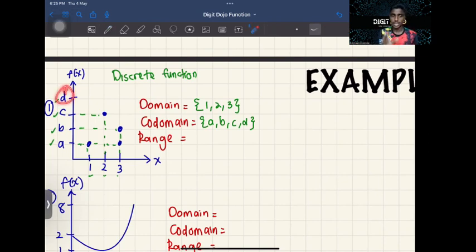The element D doesn't have any object, so don't include D in range. Only write whatever images have objects. So now you have to write A, B, C only. Don't write D. D is not included in range. All right, next.